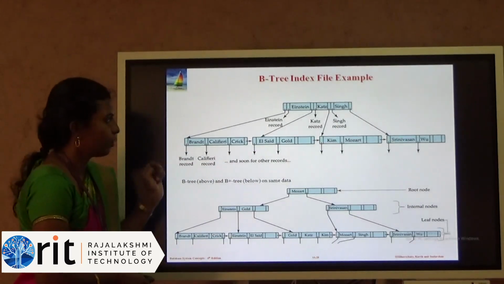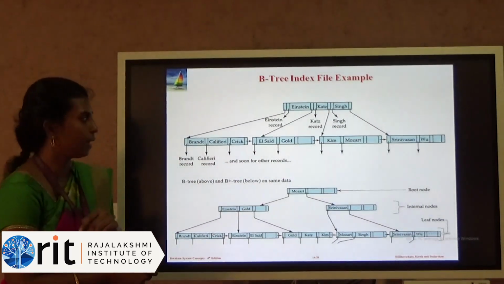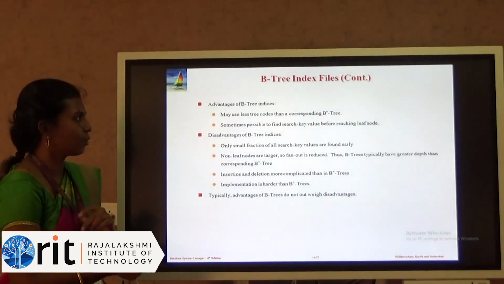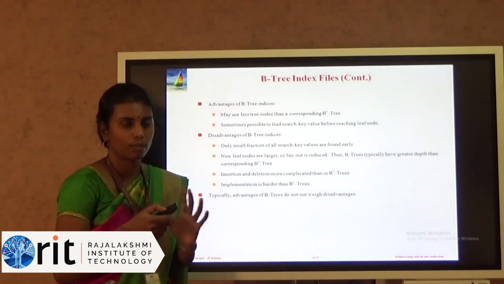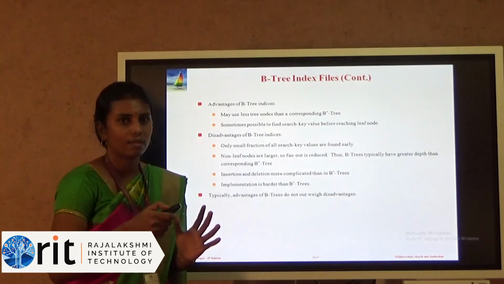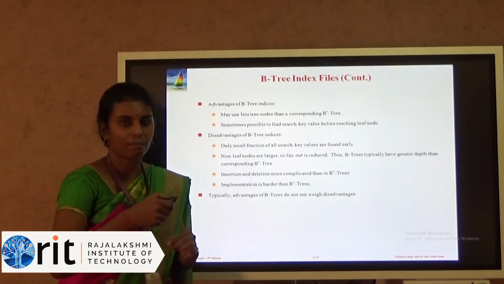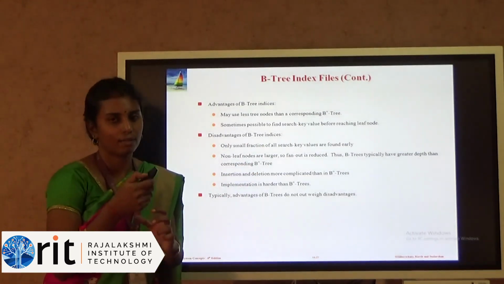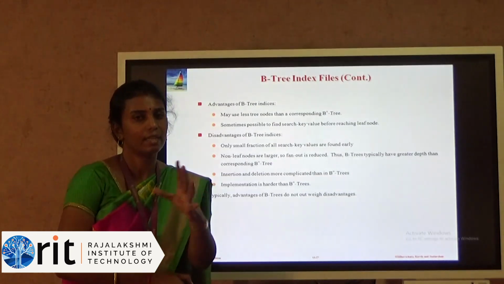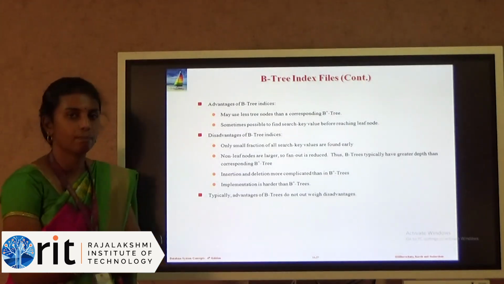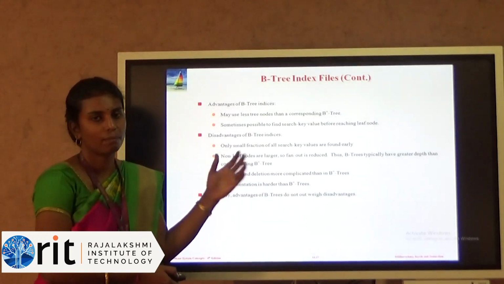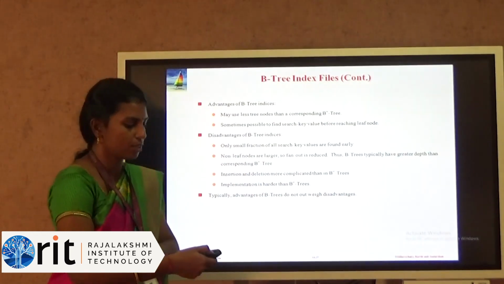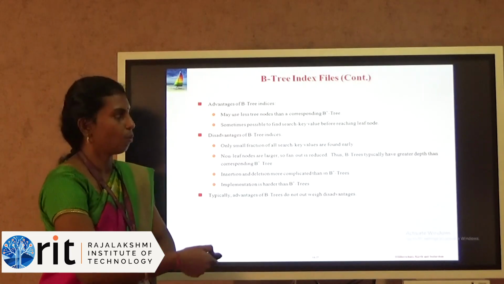Okay, so this is the difference between B tree and B plus tree. In insertion and deletion, B tree adds some additional overhead when maintaining the insert and delete of records. Compared with the B tree, B plus tree is more suitable for many applications because of less overhead.